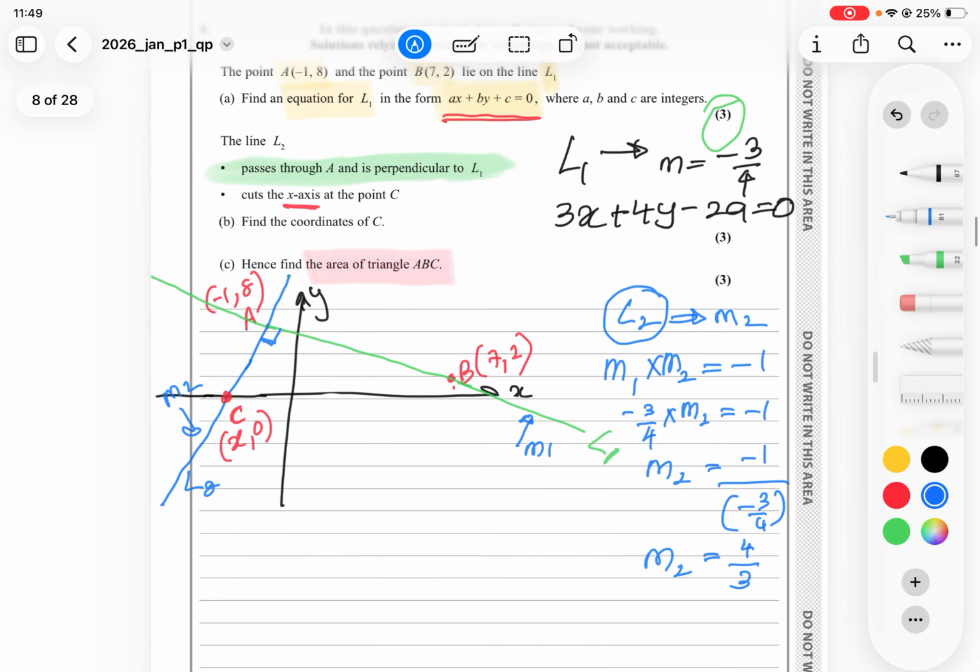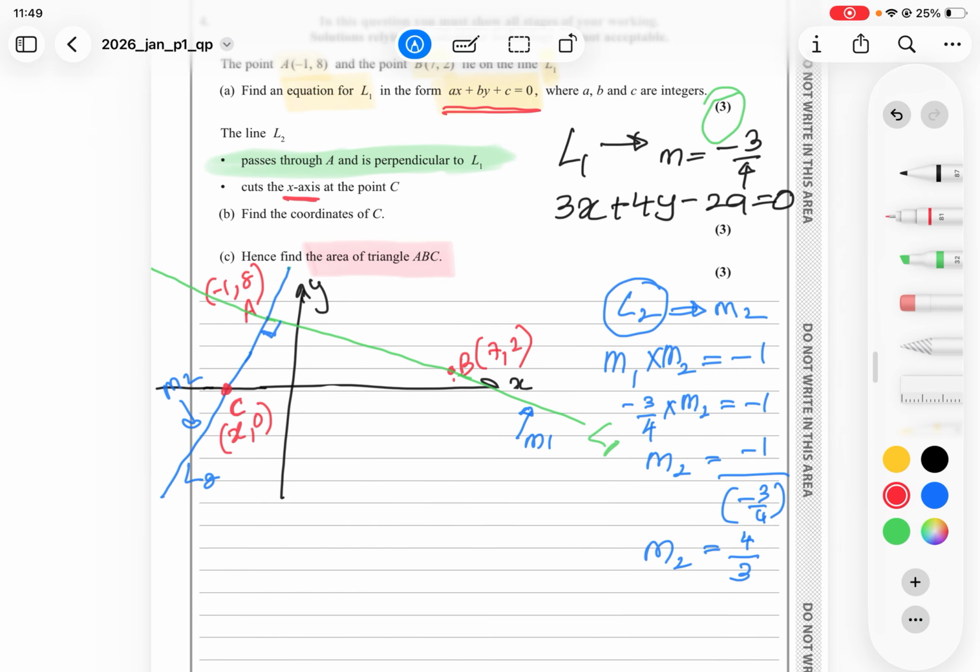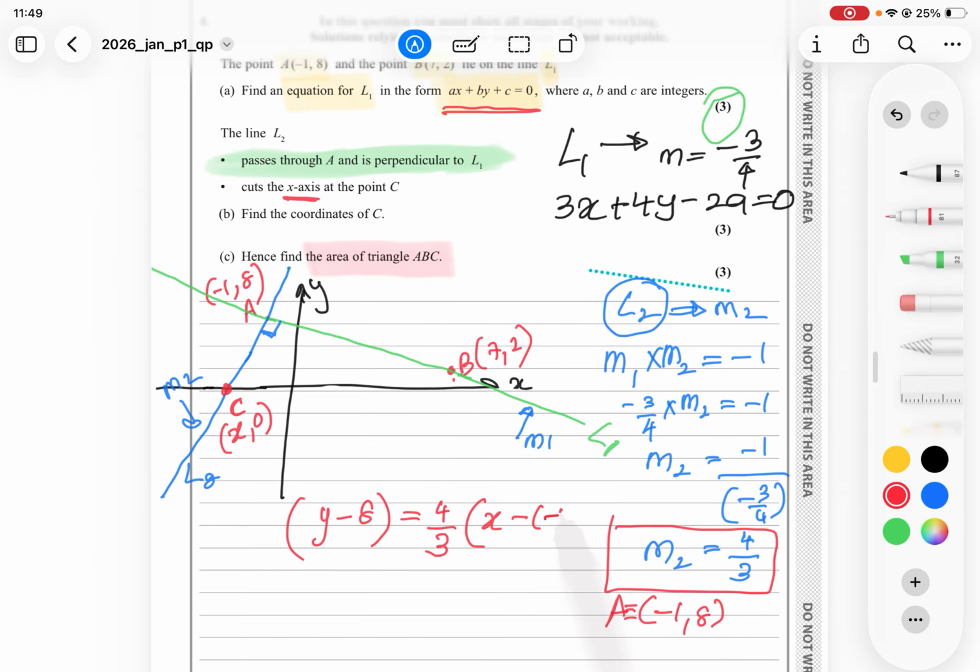So similarly, like in the previous question, since we know the gradient, we can write it. We know the gradient and we also know a point, which is A, which we had as negative 1 comma 8. Okay, y minus 8 equals 4 divided by 3 bracket x plus 1.